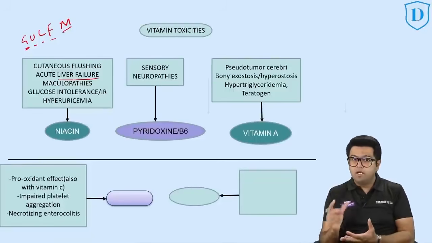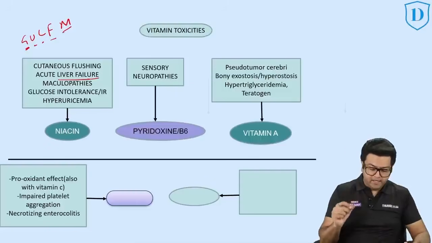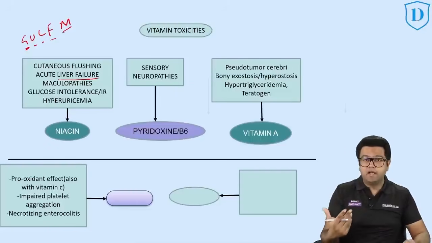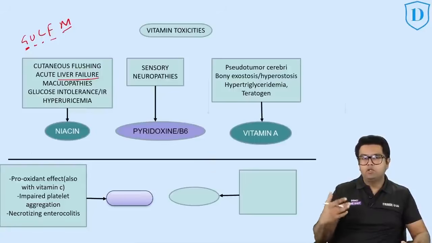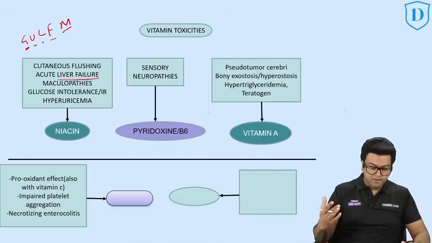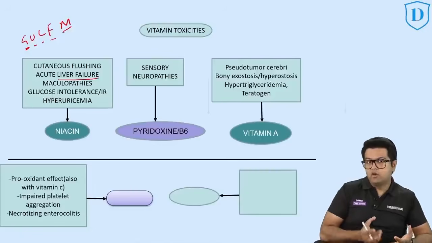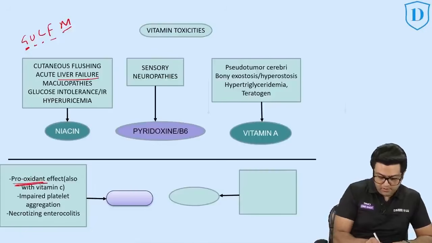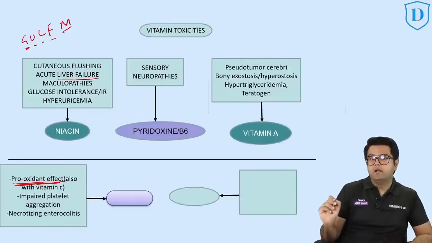But there is one more side effect that is called a pro-oxidant effect, right? Guys, vitamin C and vitamin E both should not be taken in high doses because they have this side effect that is called pro-oxidant. So please remember this term, pro-oxidant effect. This was a question.